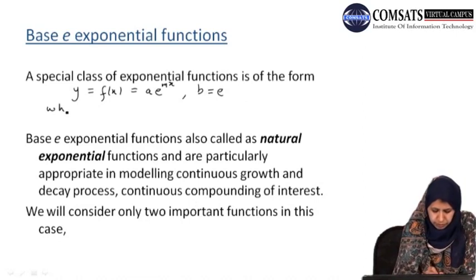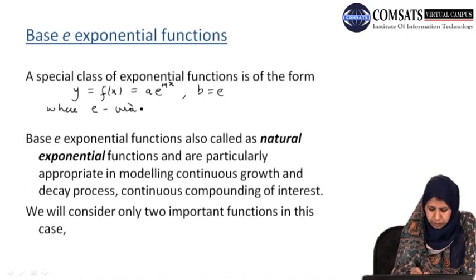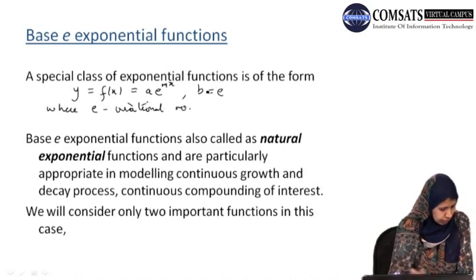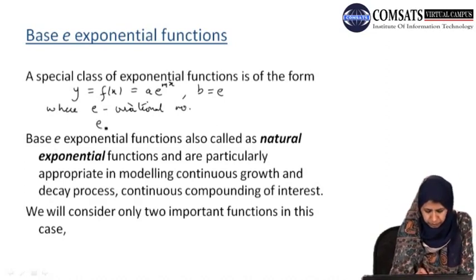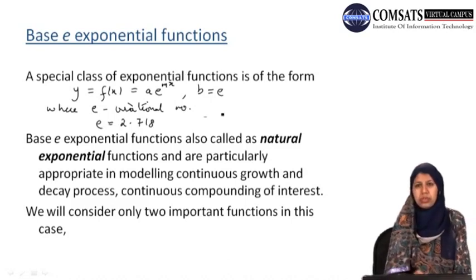And what is e? e is an irrational number and it has a value of 2.718 and so on.